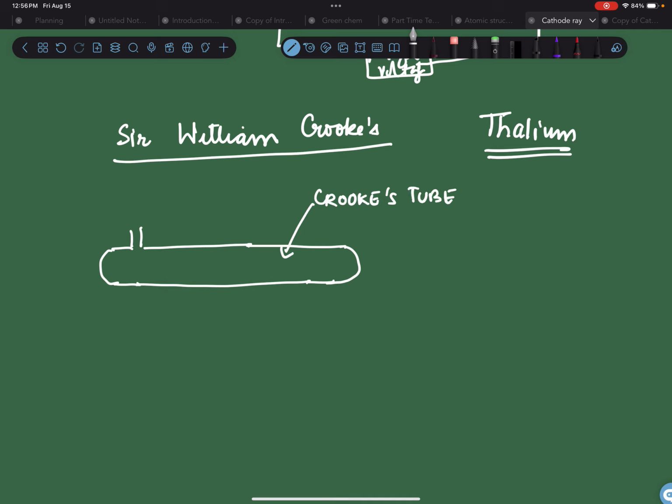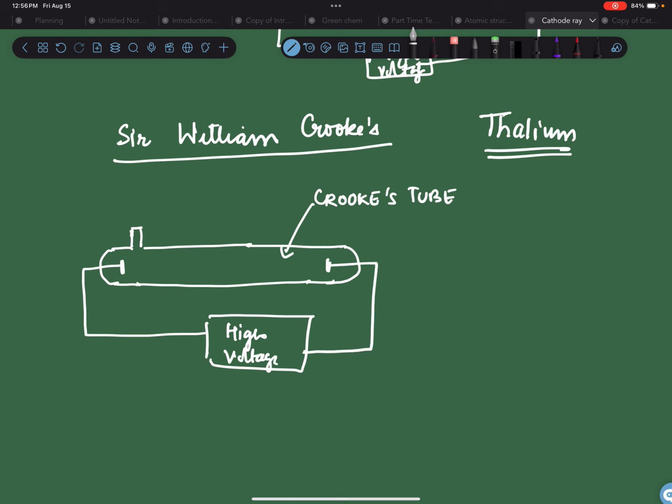So he designed it. This is for evacuating the tube. After evacuation, he sealed this. There are two metal plates connected to the voltage source to create high voltage to pass current, right? Now since he was able to create lots of vacuum in it, he could study the electric discharge in a better way inside that tube.